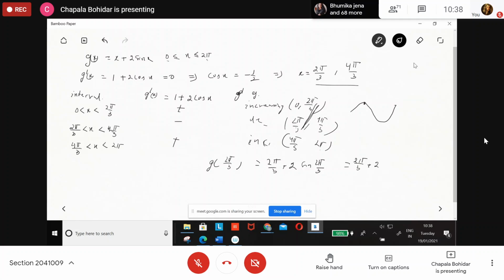Sine 2 pi by 3 is root 3 by 2. Simplify: 2 pi by 3 plus, the 2 cancels out, root 3 is equal to how much? Find out your value.